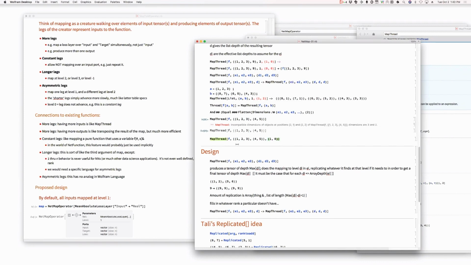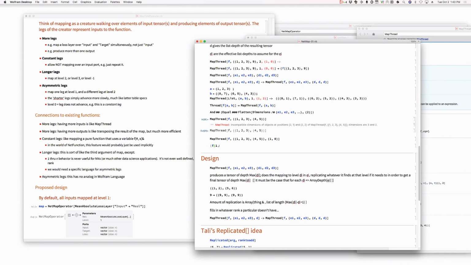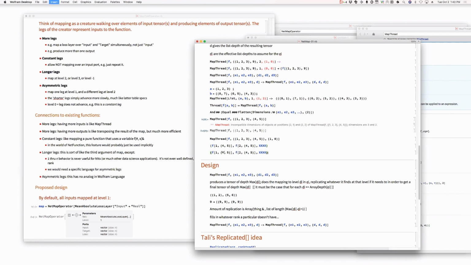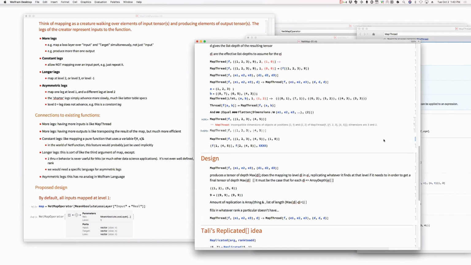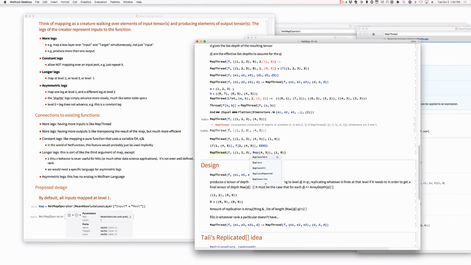And what that should do is return f of 1,45, comma, f of 2,45, etc. Now notice that there's an identity here, because if I'm going replication crazy, I could say in here replicated 4,5. Yes, it is. Level 1. Yeah, that's true.